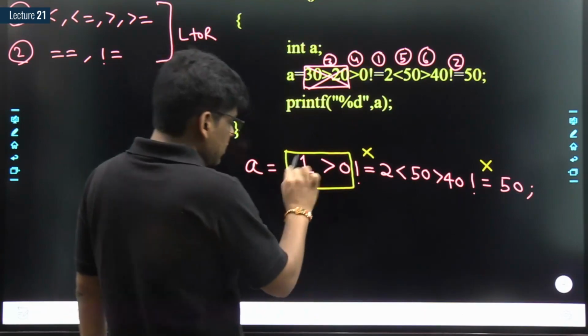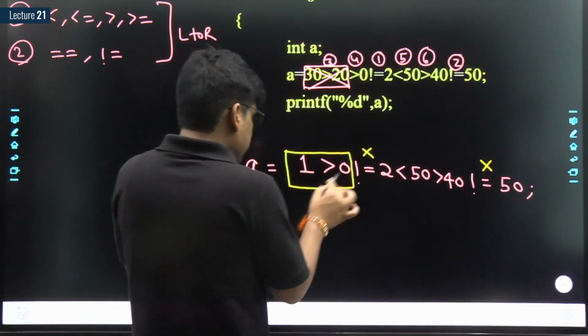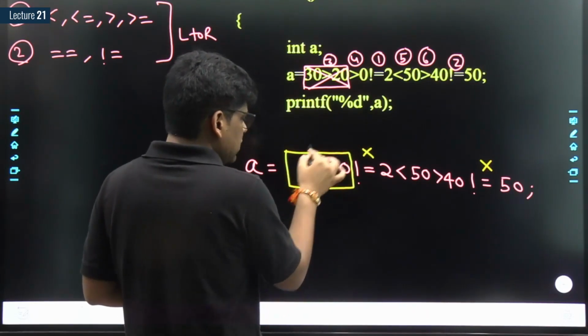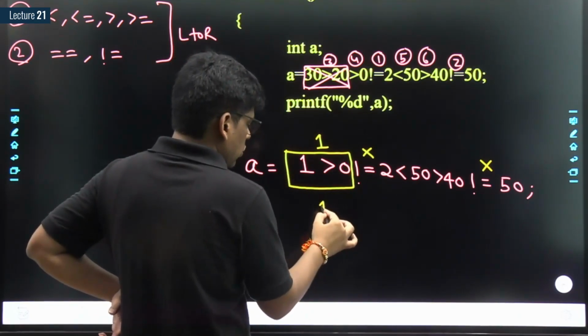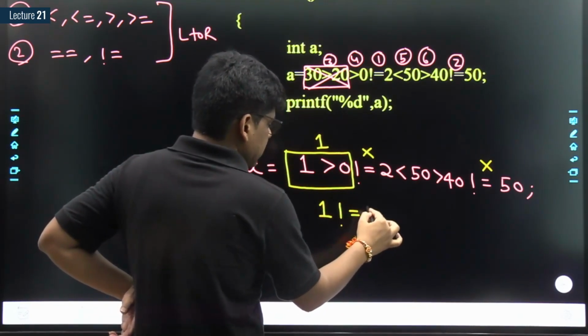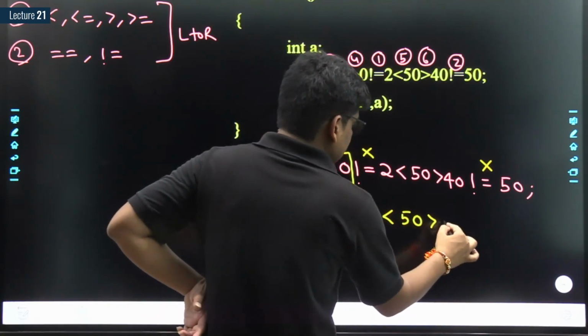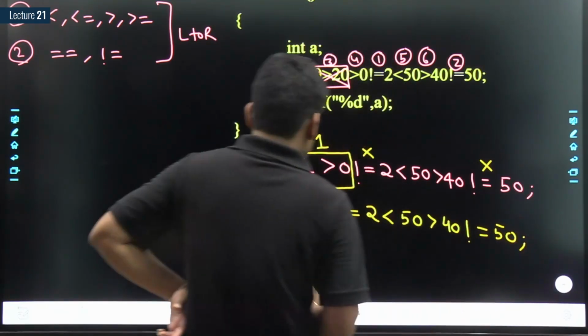So tell me, is it true that 1 is greater than 0? Yes, sir, 1 is greater than 0. That means this is true, and that is why this is replaced by 1. So the new expression will be 1 not equals to 2, less than 50, greater than 40, not equals to 50.